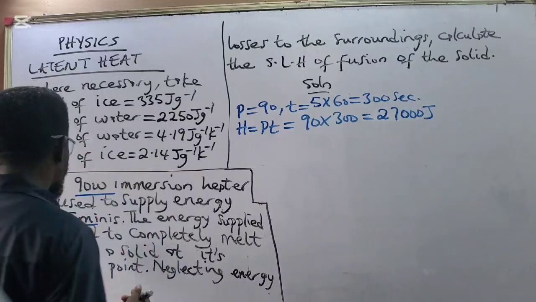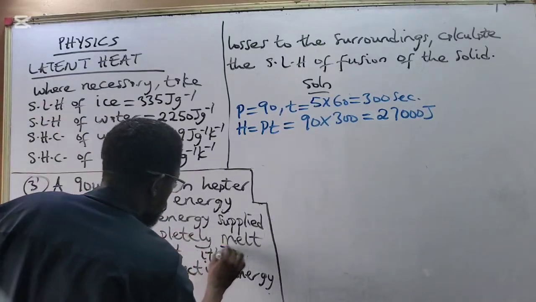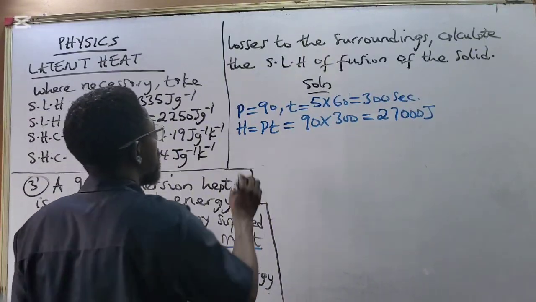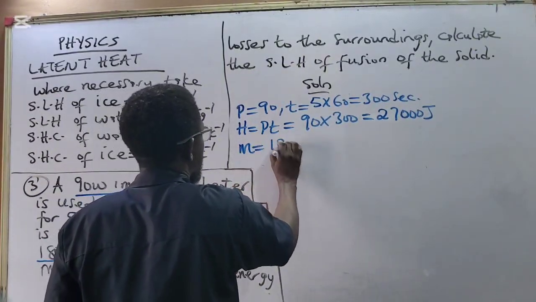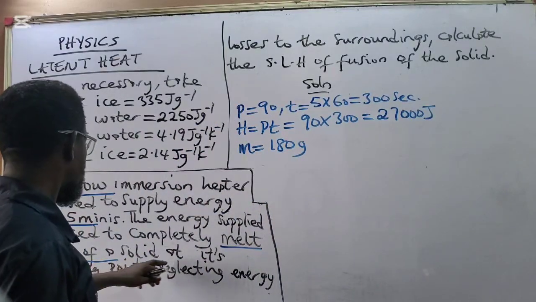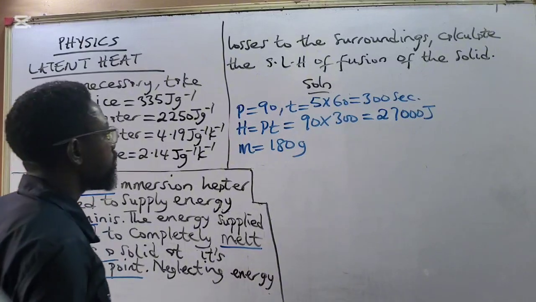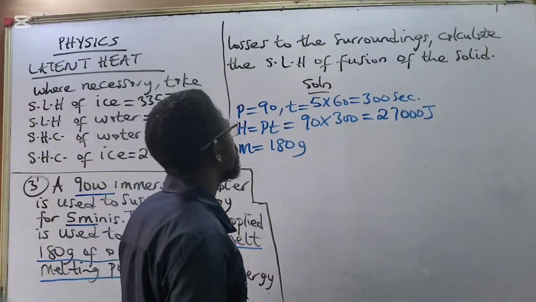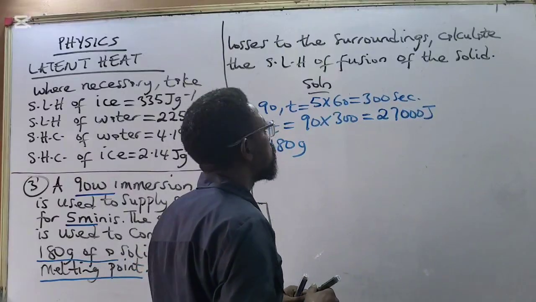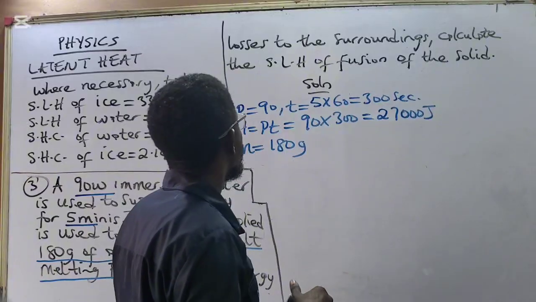Now it says the energy supplied is used to completely melt 180 grams of a solid. So the mass of the solid is 180 grams, at its melting point. That means there is no change in temperature, because the solid is already at the melting point. Since the solid is already at the melting point, there's no increase in temperature.